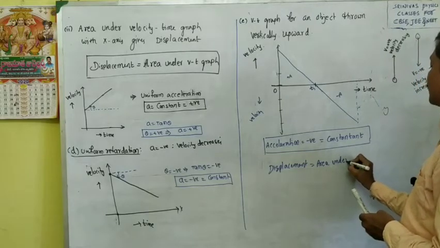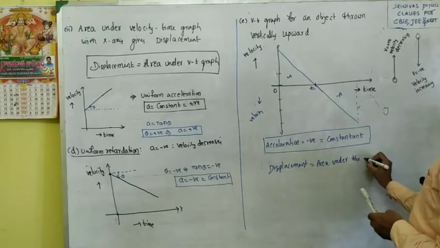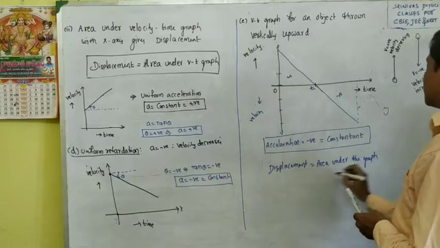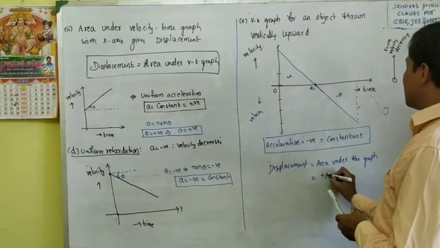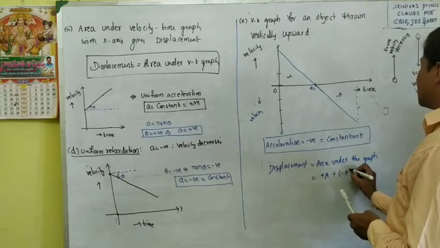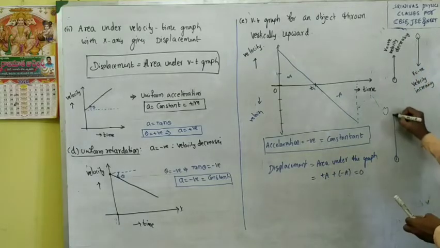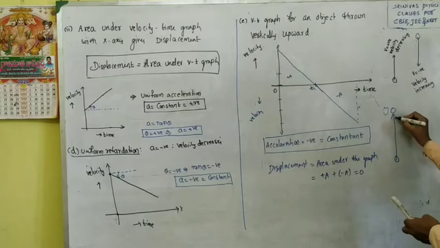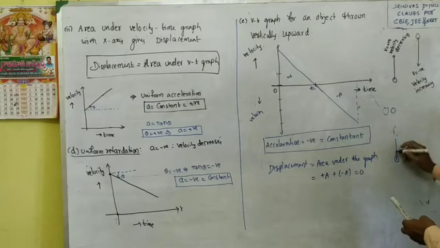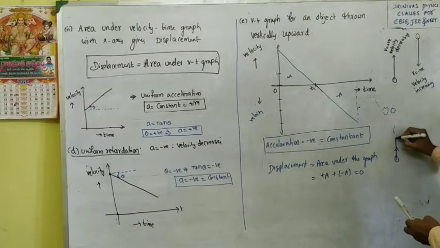Area under the graph, what are you getting? Area under the graph is plus A plus minus A. We are getting 0 displacement. If you throw any object upward, it goes up and again returns back.